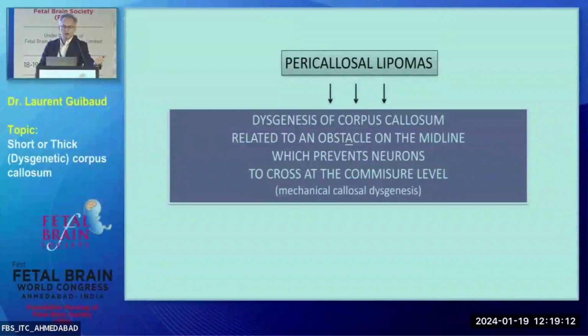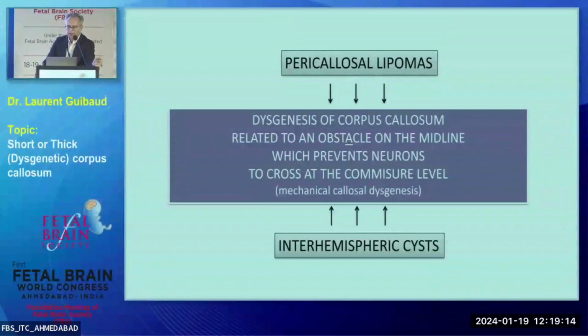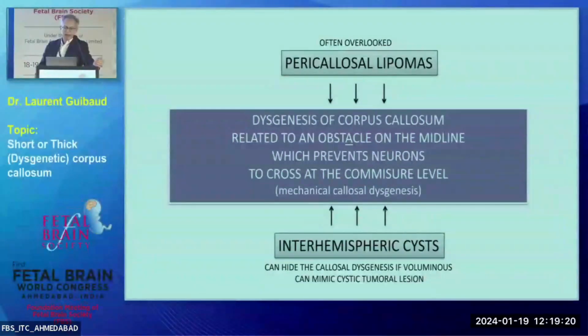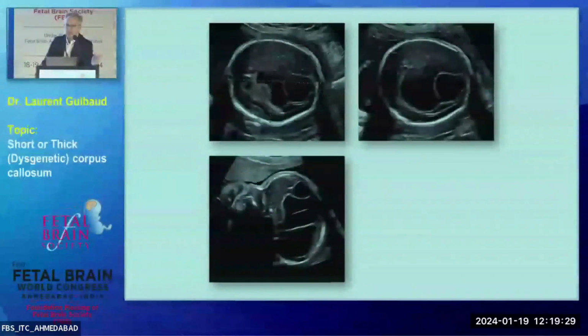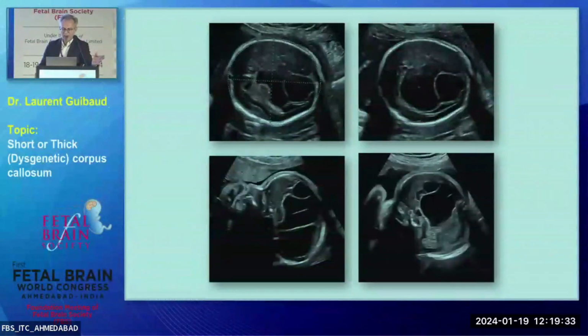There is one etiology, lipoma, but also interhemispheric cyst. In that case, for lipoma, it's overlooked, but for interhemispheric cysts, it can hide the callosal dysgenesis if the cysts are very voluminous and can mimic tumoral lesions. As in this case, you see a very huge cyst in the midline, and if you look carefully here, there is a part of the corpus callosum which is present.